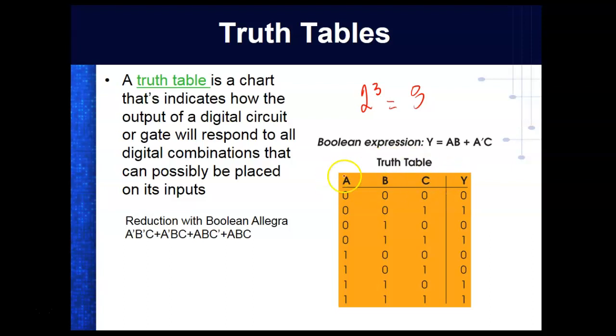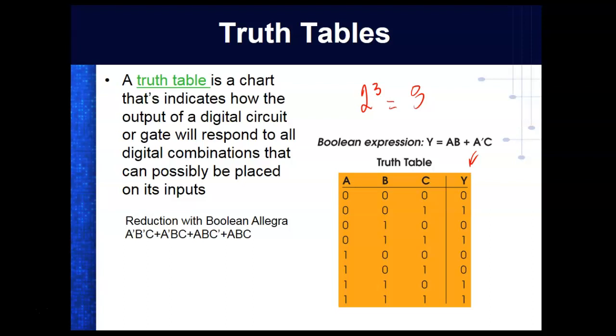So the output over here, this is the input. We put our inputs on the left. Normally, we use lowercase letters, A toward Z for inputs, and Z toward A for outputs. So A, B, C would be inputs, and the output would be Y or Z or X or something like that.